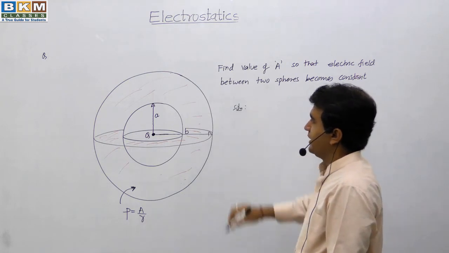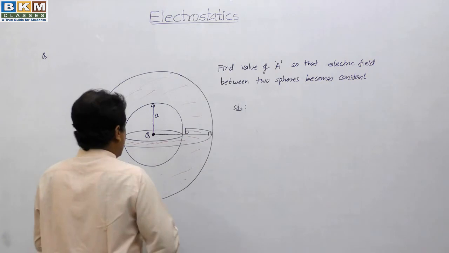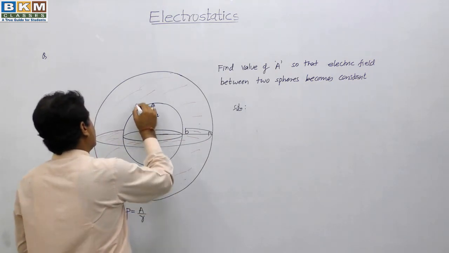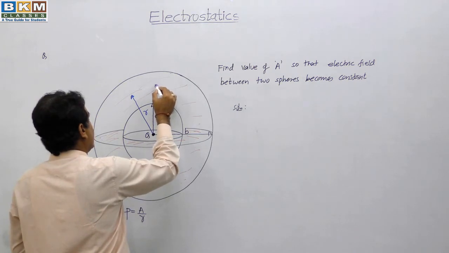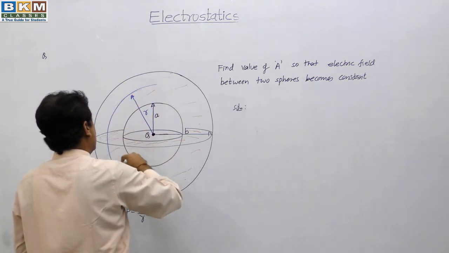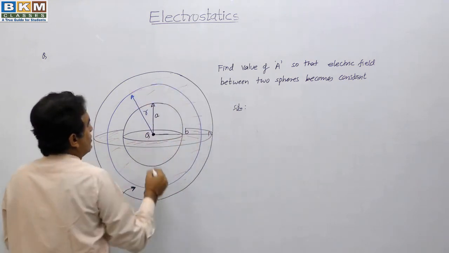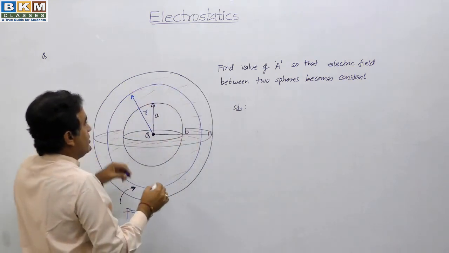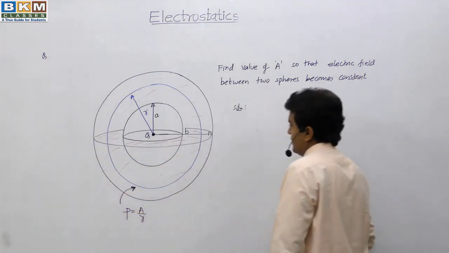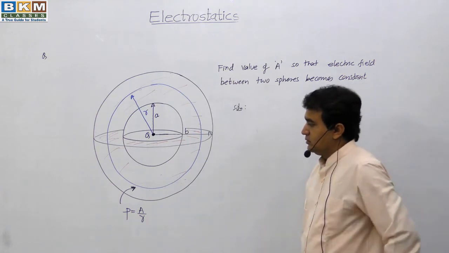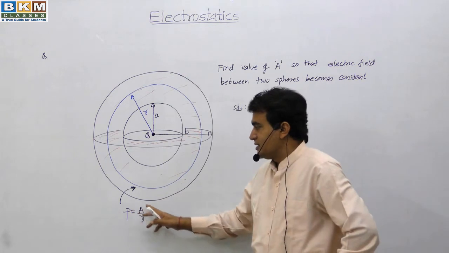First of all, we should write the expression of electric field at any general point r in the region where we are asked, that is, the region between the two spheres. Let us take a position which is at a distance r. The density formula given here is radius dependent, and at a particular r the density is the same.